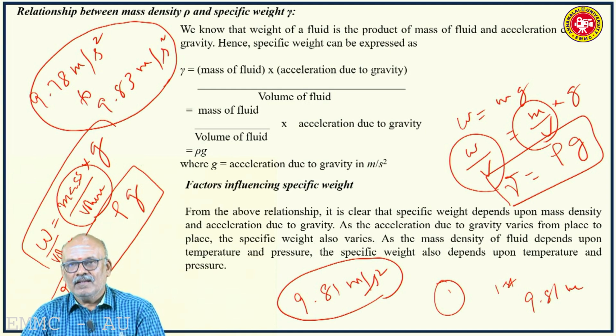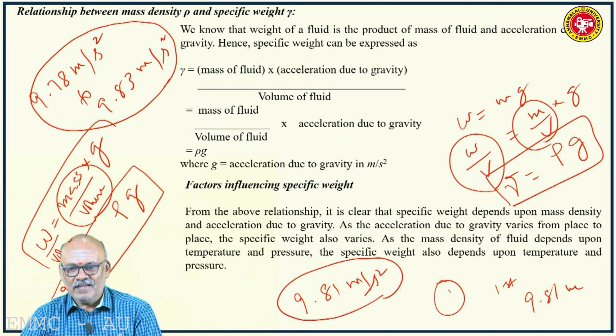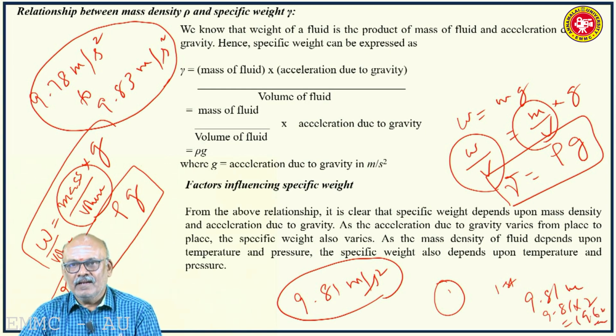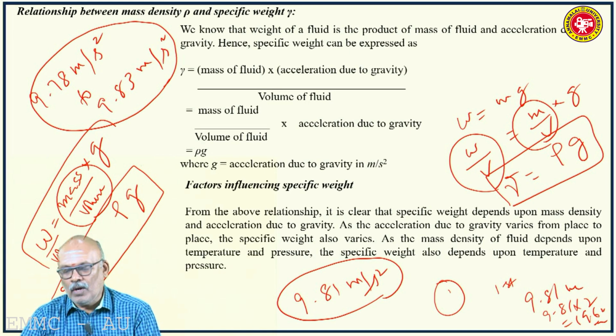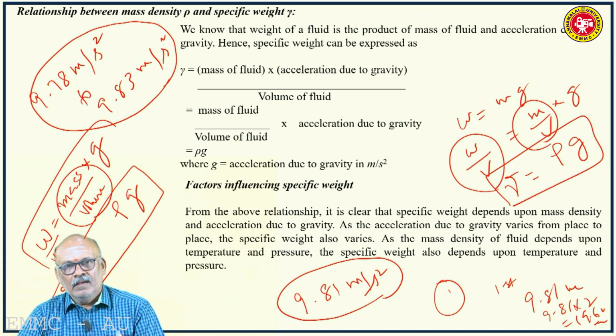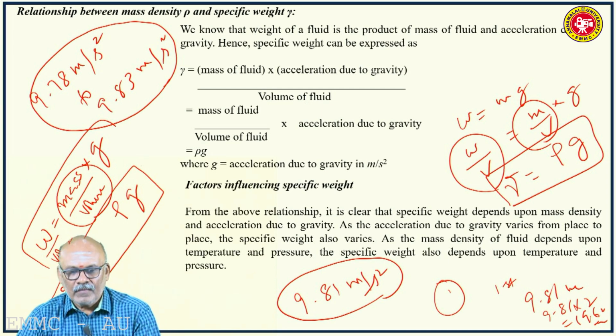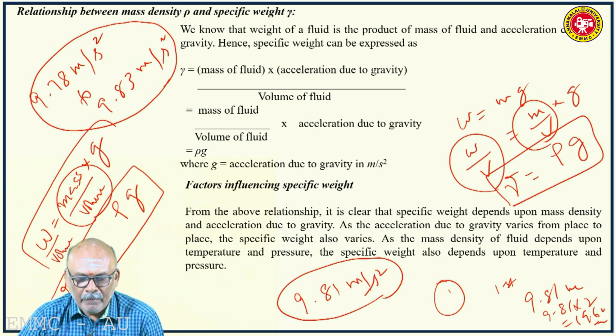In the second second, it will get accelerated because of the force of attraction, and the distance it travels will be 9.81 multiplied by 2, that is 19.62 meters. In the third second, again it will increase by another 9.81. So as it reaches towards the earth's surface, the acceleration of the object will be maximum.